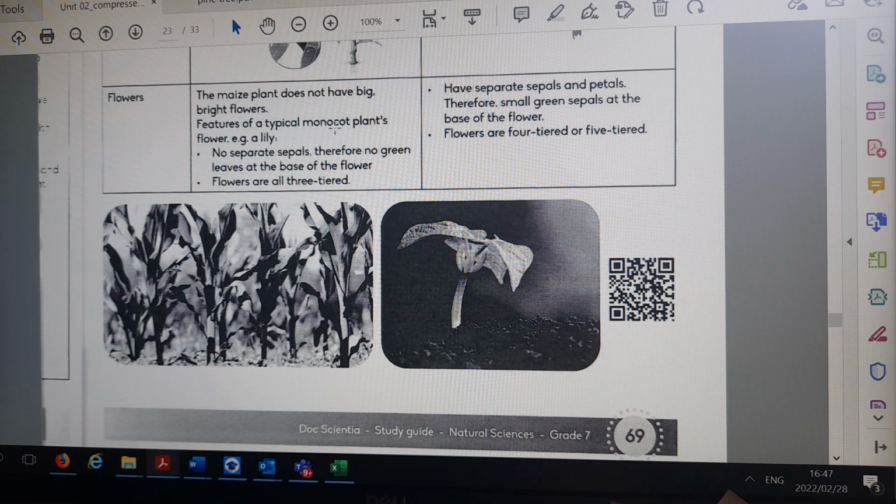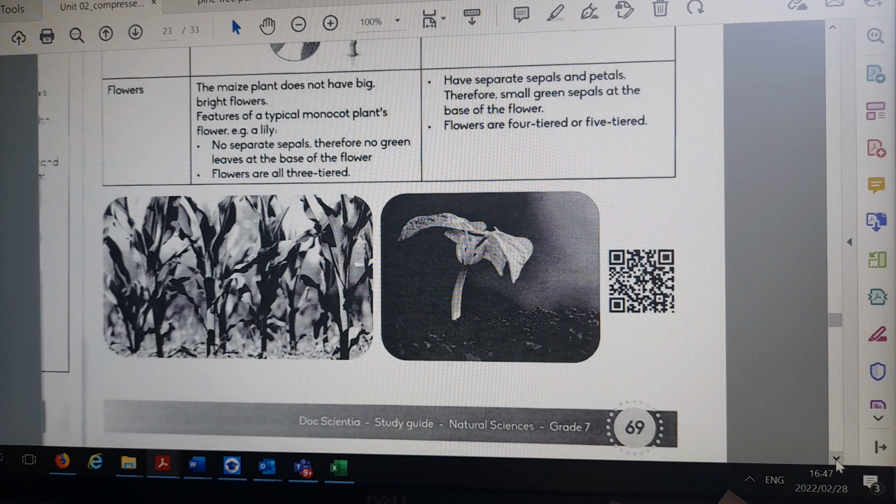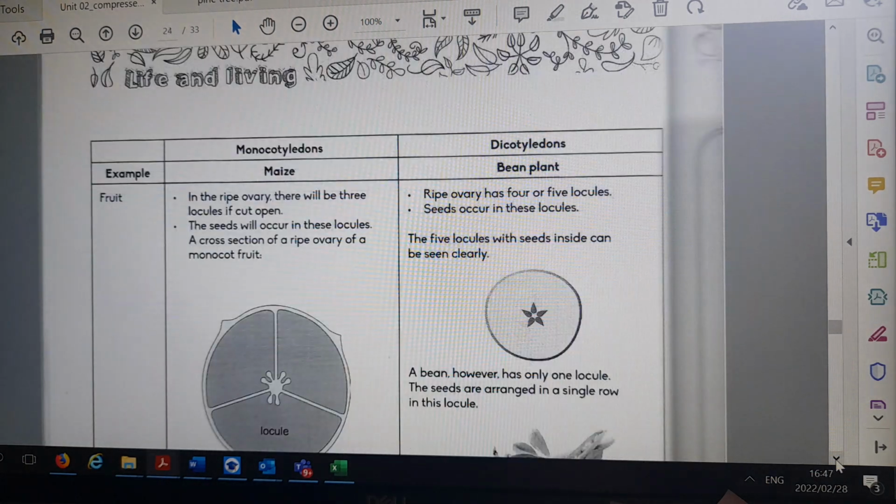Features of a typical monocot plant flower, for example lily, they have no separate sepals, therefore no green leaves at the base of the flower. Flowers are all three-tiered. And then the bean plant has separate sepals and petals, therefore small green sepals at the base of the flower, and flowers are four-tiered or five-tiered.